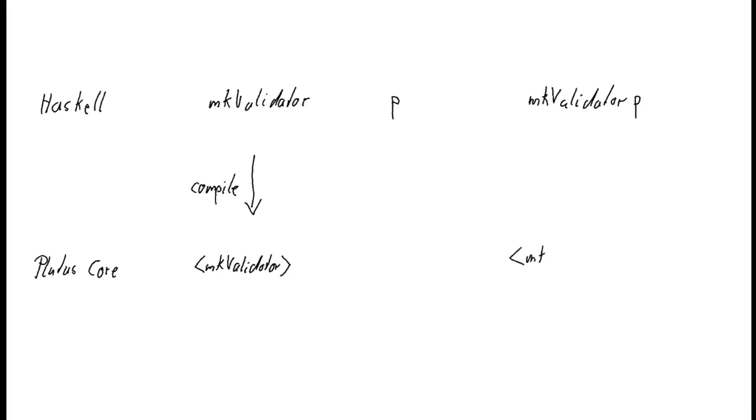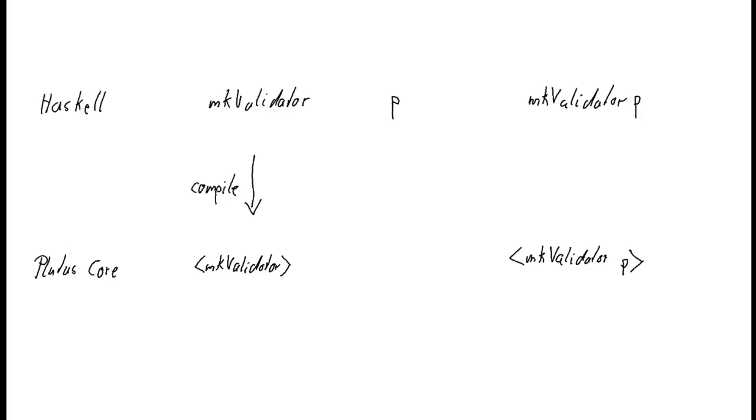And I want this. I want make validator P compiled. But I can't apply compile here because the P is not known at compile time, so Template Haskell won't work for P. So I can't do that.